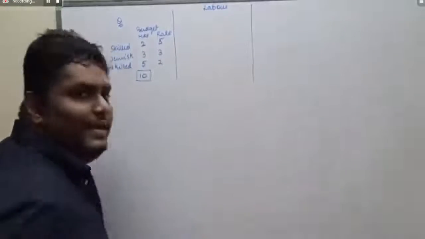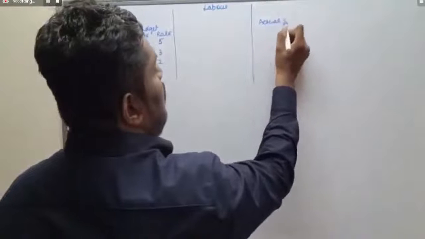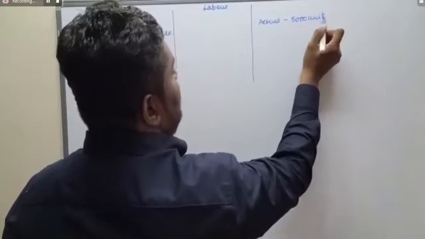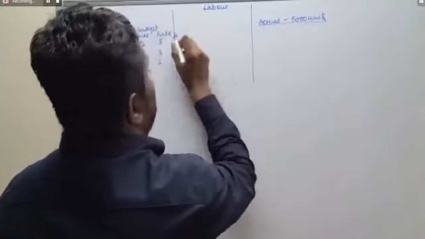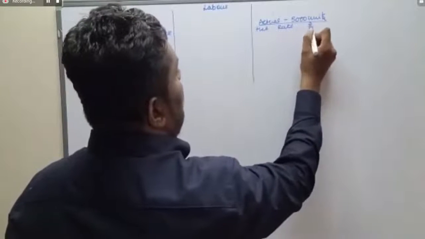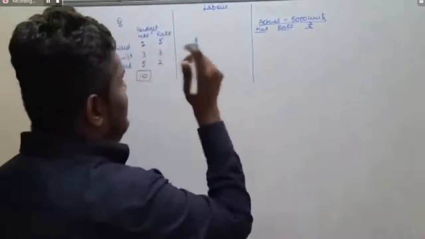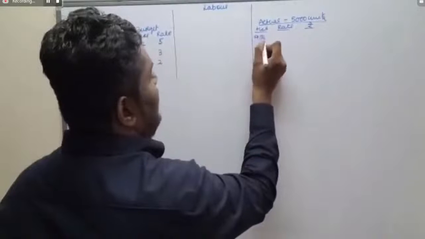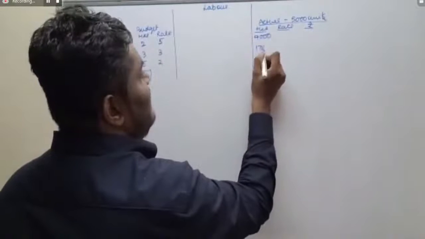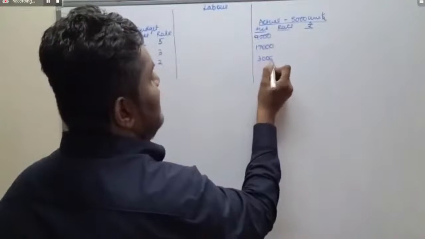Now when the actual results were out, a total of 5,000 units were manufactured or produced, whatever it is. The work done by skilled workers is for 9,000 hours, semi-skilled for 17,000 hours, and unskilled for 30,000 hours.